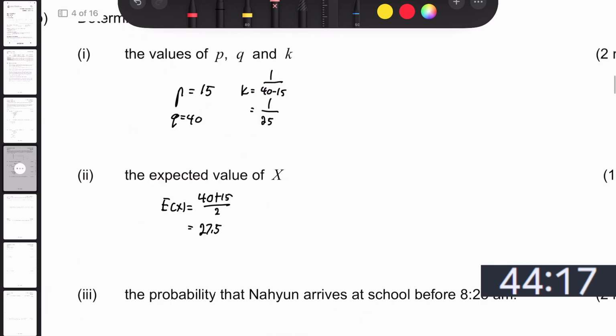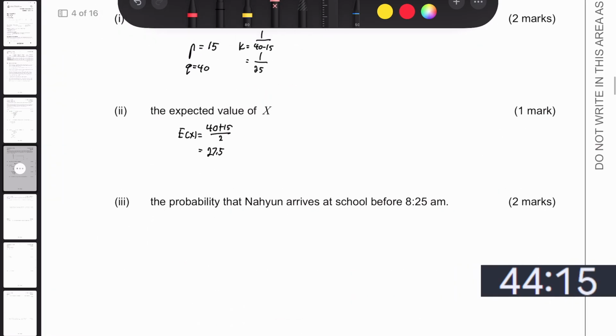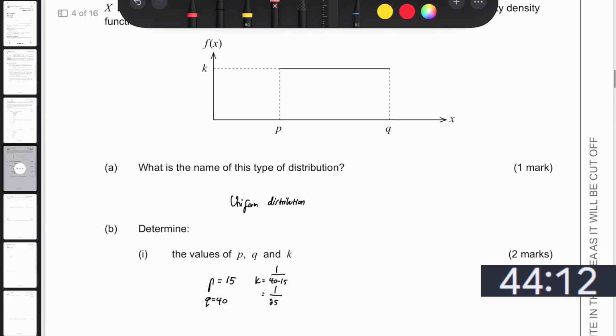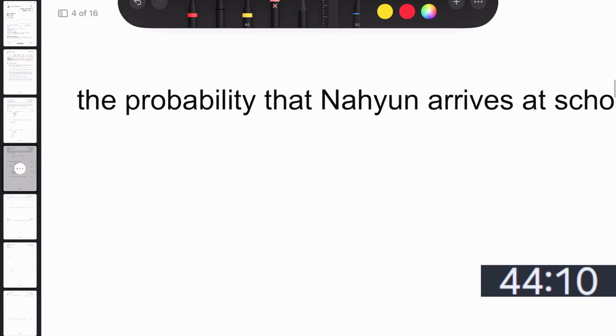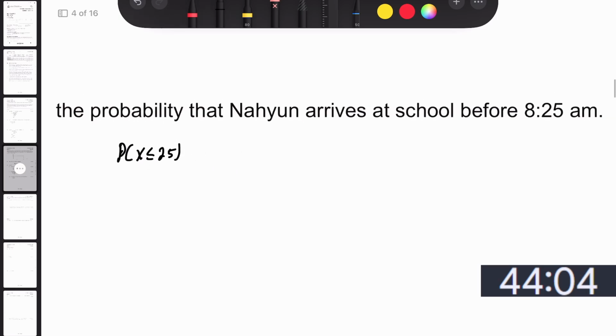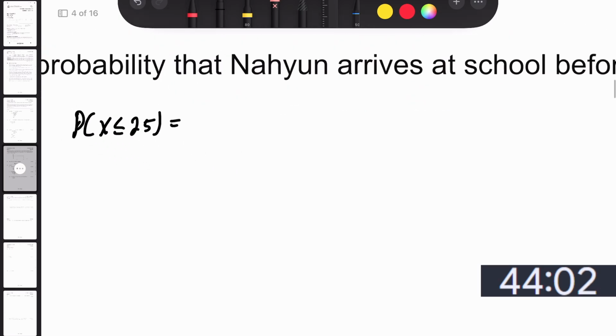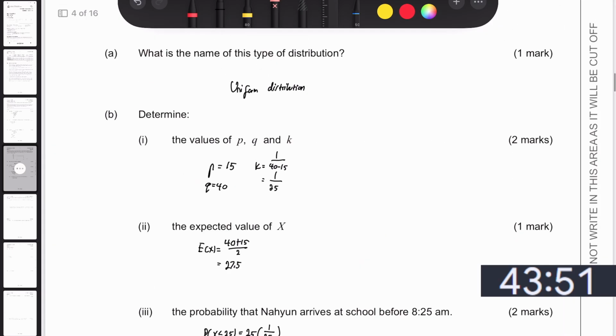I'd have to find the midpoint. The probability that Nahum arrived at school before 8:25 a.m. is going to be the probability... so I want to find the probability that X is less than or equal to 25. It's going to be equal to 25 on 1 on 25. Wait a minute.